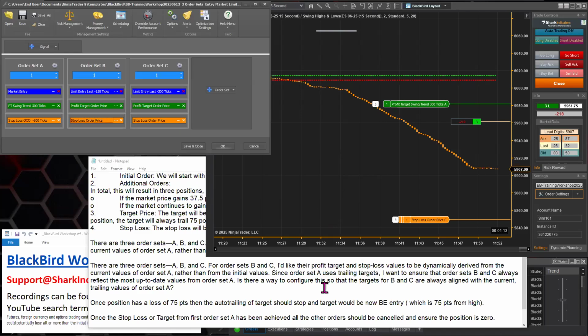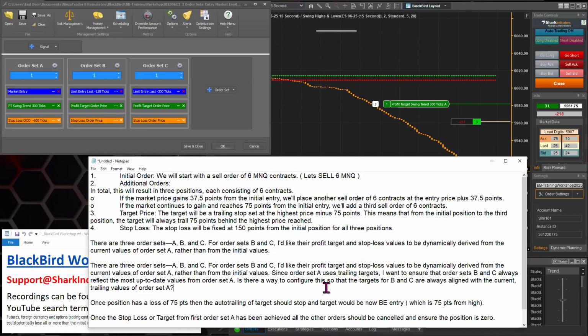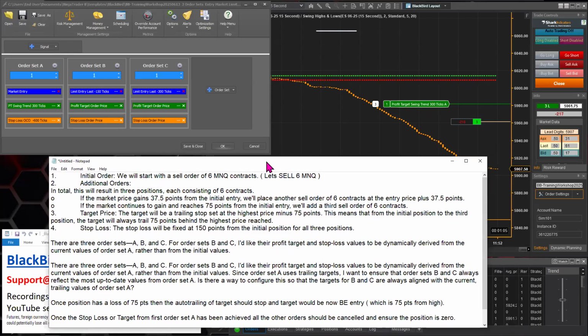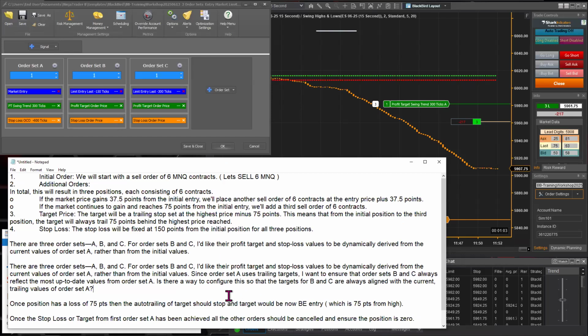And I think I just remembered one other element of the requirements. Let me see if I can find it here. Oh, yes, of course. So very obvious.